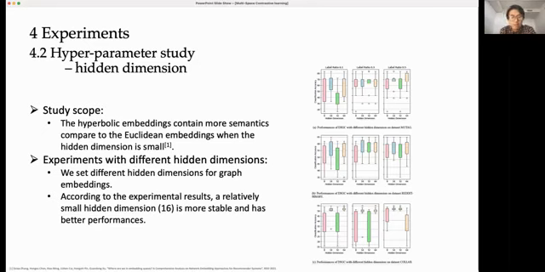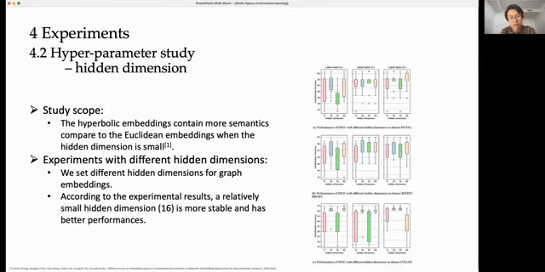As the experimental results show, we note that smaller hidden dimensions like 8 or 16 do achieve more stable performances, which is that the average of the results of 10 folds and the standard error is continuous on the same dataset with different label ratio. But when hidden dimension is 8, the performance is unsatisfying. We think it's too small to maintain semantics of the graph even if we have introduced the hyperbolic space.